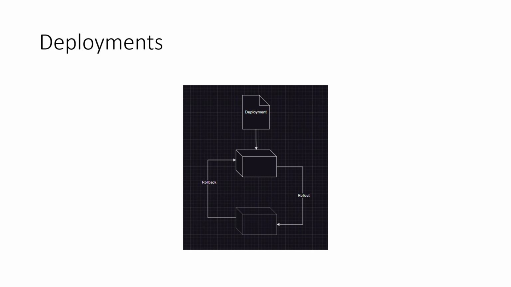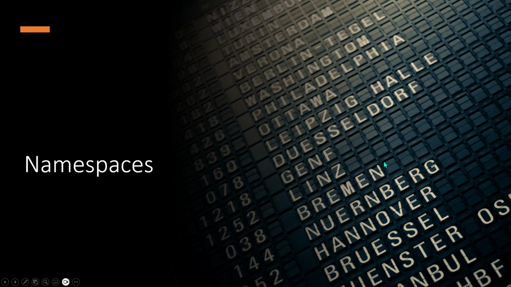So the rollback works without any kind of downtime. To summarize, the major reasons why you have deployment are, one, to do version upgrades and rollbacks, and another, to maintain the replica set, so that when you're moving, removing or revising the deployment, the number of replicas is always maintained.